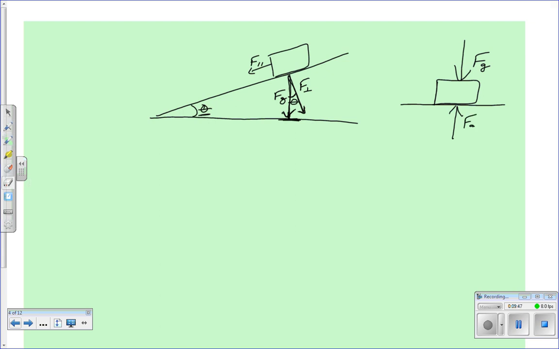Well, now the object's not sitting on a horizontal surface, and normal means perpendicular to the surface. So now, when an object is sitting on an inclined plane, the normal force is equal to the perpendicular component of the object's weight.